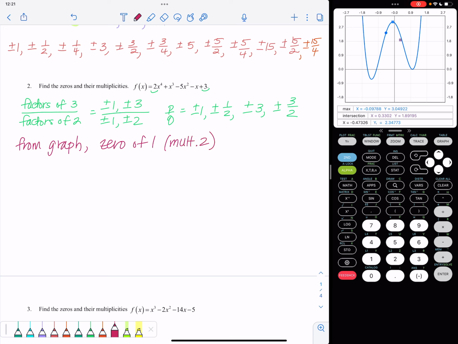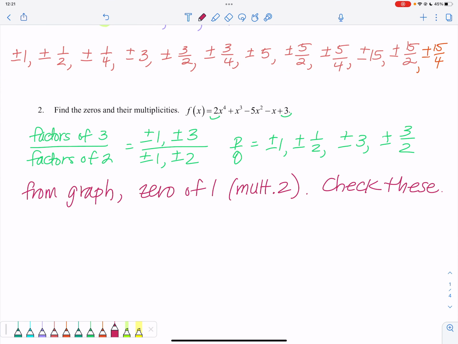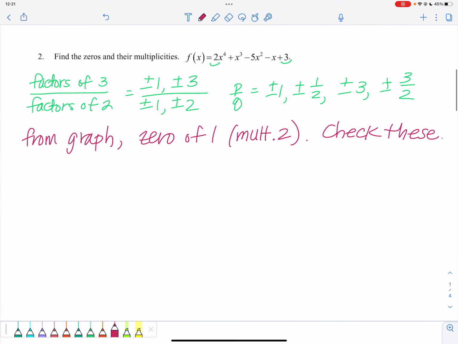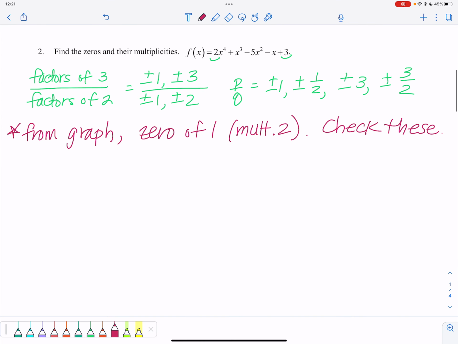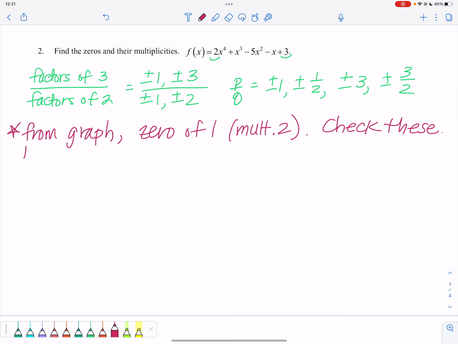And then it kind of looks like the other zeros are not on a crosshair. So we need to go ahead and see if these truly are zeros. Okay, so I'm going to close that calculator. Use the calculator to help you find a place to start.